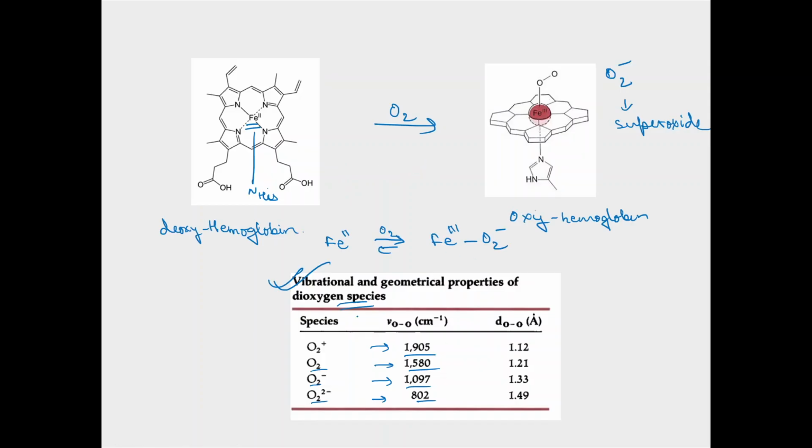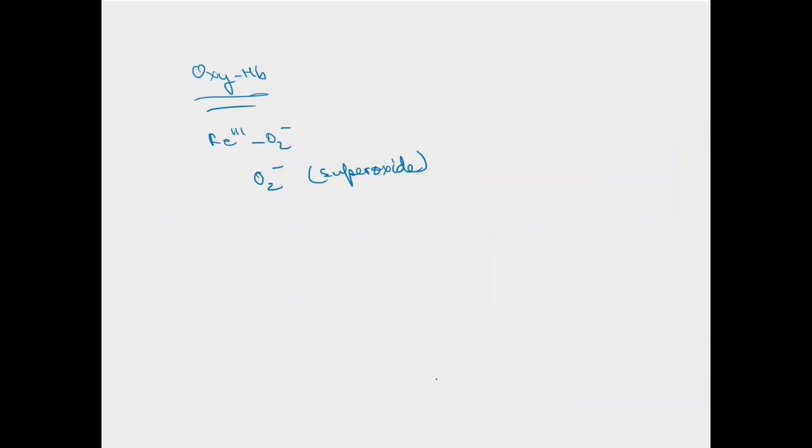So in the oxyhemoglobin case, it is Fe3 with O2 minus, which is superoxide, and from the table we can see that for the O2 minus species the stretching frequency comes around 1097 centimeter inverse.